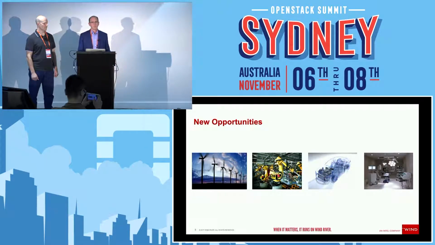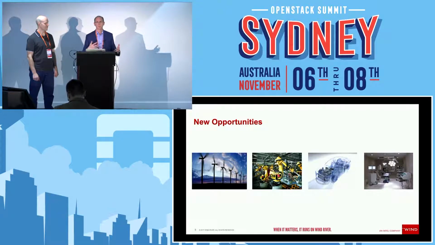So some of the use cases we've seen are putting clouds at the base or at a wind farm. So a wind farm has lots of computation going on, optimizing the direction of the nacelles, and connecting up to all those devices via wireless is also going to make it much, much easier to monitor and migrate these things.